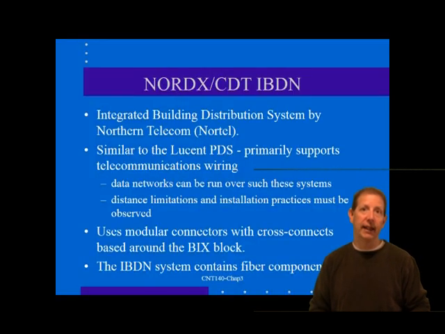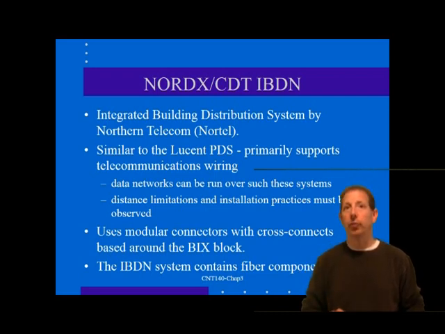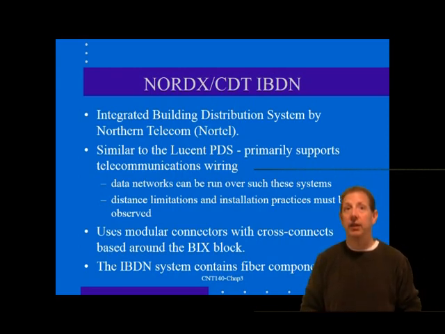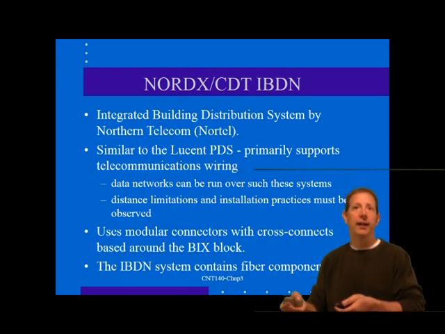Now, the IBDN also contains fiber components, as does the PDS. And while the IBDN system is not specifically designed to match the 568C requirements, it will allow common types of network connections if the distance limitations of the network are not exceeded. When used in accordance with the guidelines in the standard, an IBDN installation can be said to be 568C compliant.